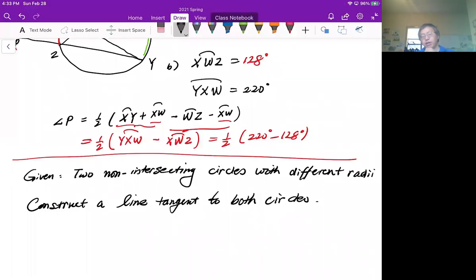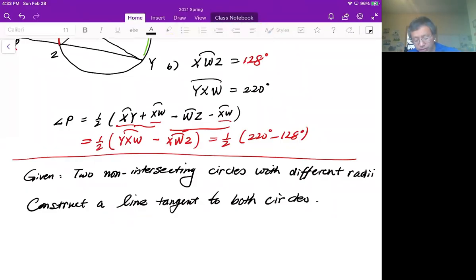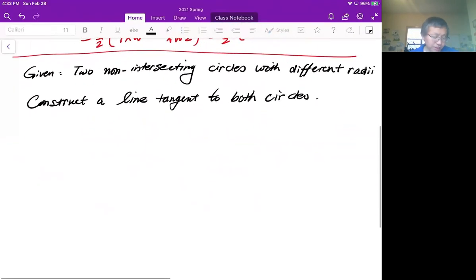Okay. So I want to construct, suppose we have two circles of different radii, and I want to construct a tangent line for both circles. There are many different ways to do that, and we're going to do them one by one.